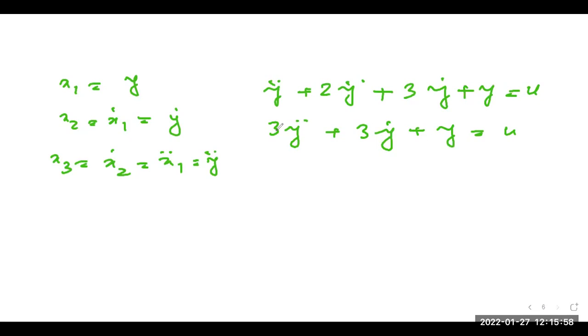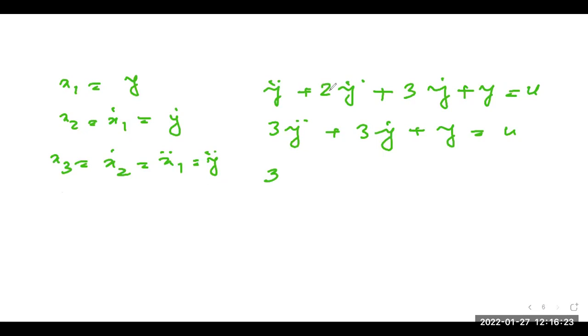Okay, so now you just try to solve this thing. So this is your y double dot. What is this? This is 3, and then this is 2y dot.